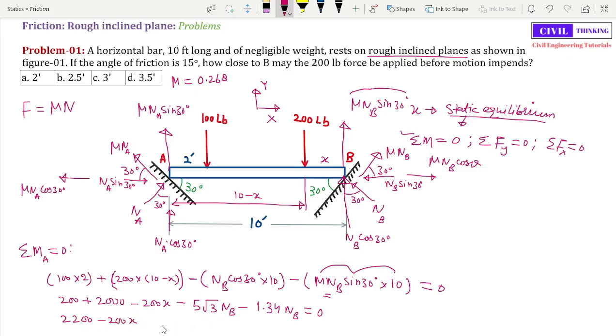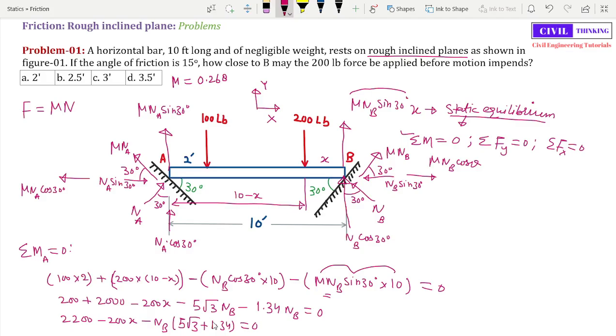200x. Now let us keep Nb common here, negative Nb. It is going to be 5 square root of 3 plus 1.34, right? It is equal to 0. Now how much is it? 5 square root of 3 plus 1.34.